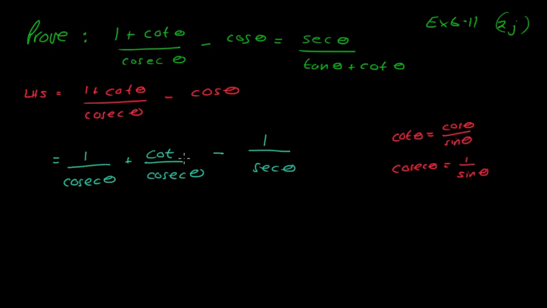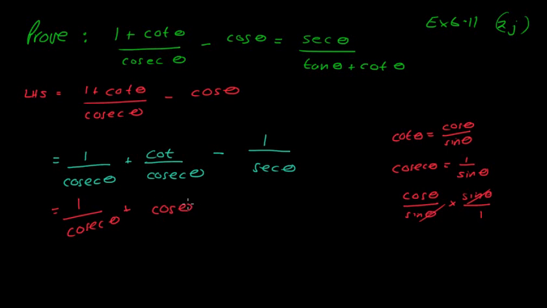So if I'm doing cot theta, which is cos theta over sine theta, divided by, well, I don't like dividing, so I'm going to do times it by the reciprocal of this. They cancel out, so I've actually got cos theta there. So we've got 1 over cosec theta plus, I've changed this into simply just cos theta.